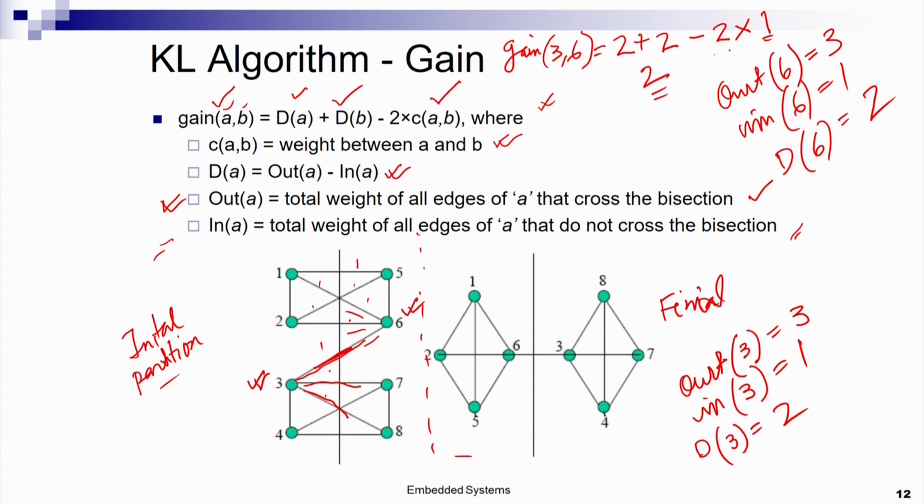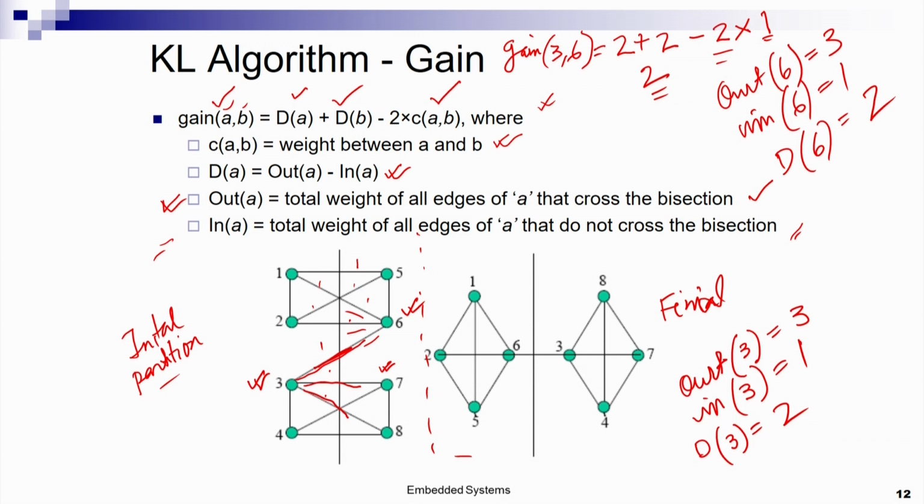Why do we do this minus 2? Because the actual gain is only 2. Although 3 goes to this side of the partition and 6 goes to this side of the partition, the 3 to 6 edge still remains in out.